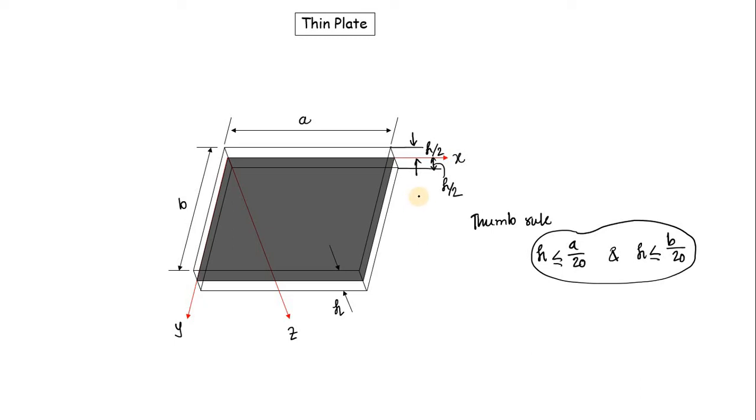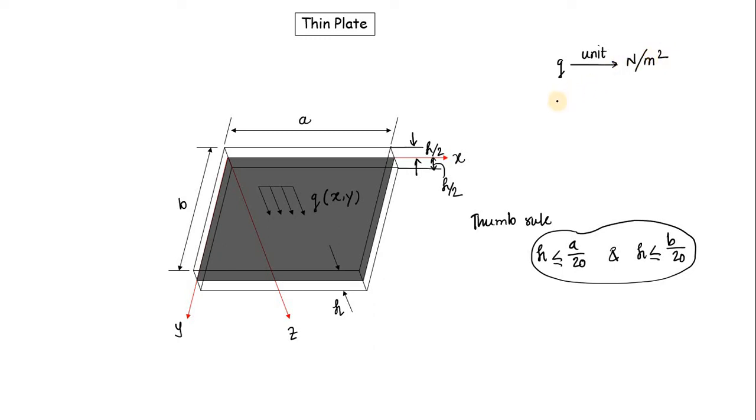Okay, another important thing: when we apply load on this plate, here you see the load. This is a surface load, and obviously a distributed load. We denote this as q, a function of x, y, and the unit of q will be Newton per meter square.